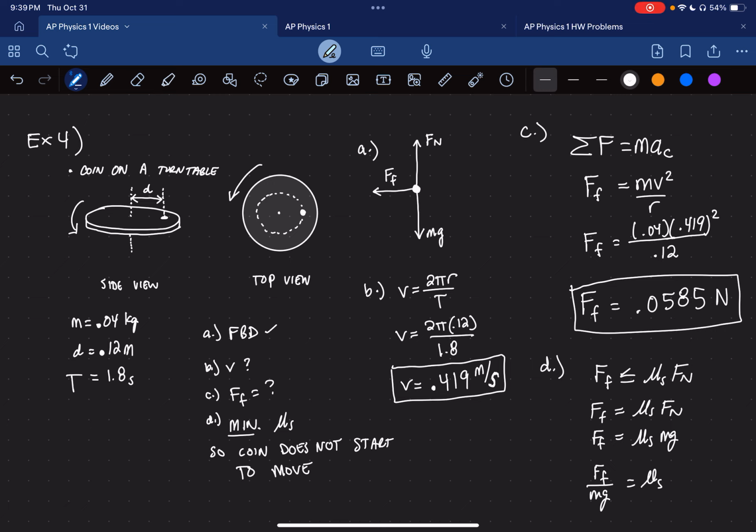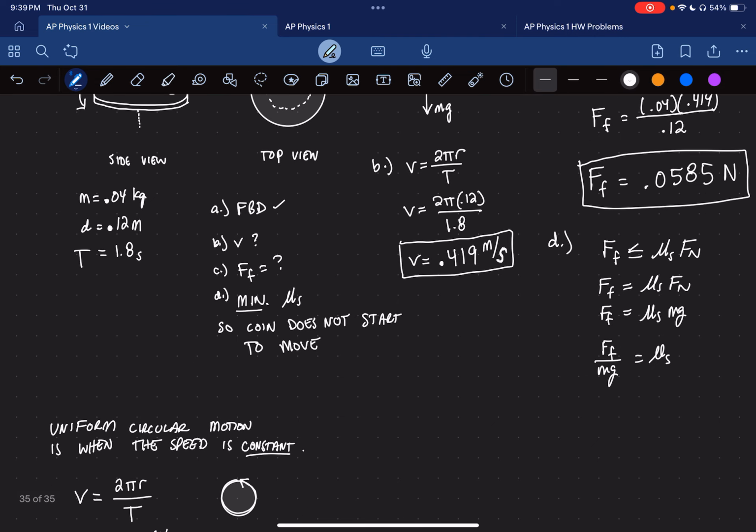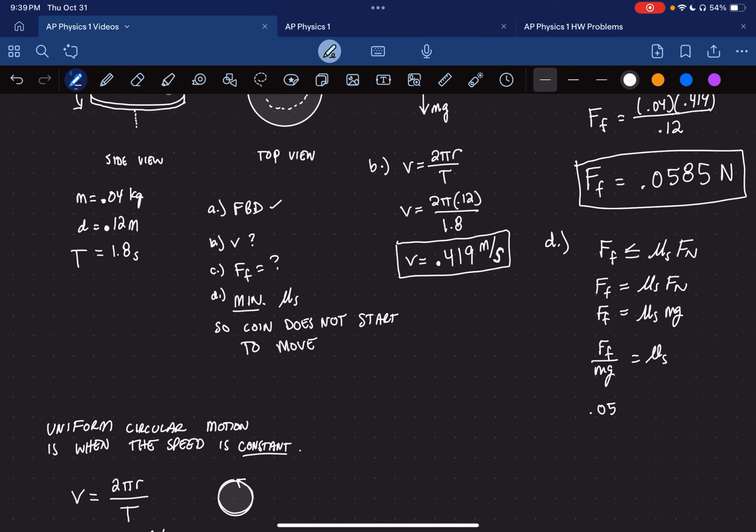And so we will divide 0.0585 divided by 0.4, which is 0.146. Cool.